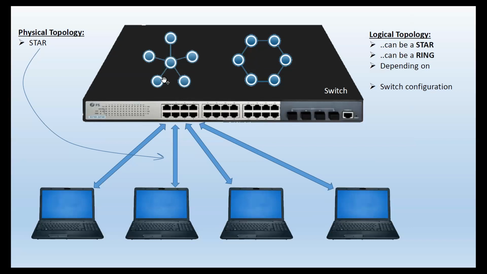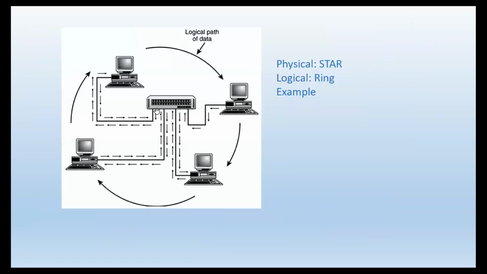Then it could act as a star system, or it could act as a ring, and it would transfer the data in such a way like this here. And that's when you could use that single port network interface card. You're not going to come across situations like that. It's just to visualize the differences between the physical and logical topology.